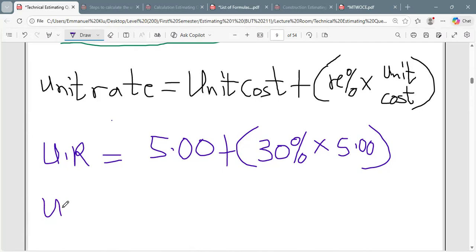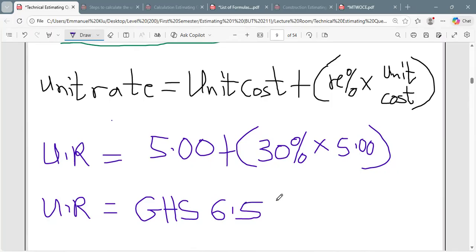So at the end of the day, your unit rate is equal to 6.50 per meter squared, because our unit cost is per meter squared.